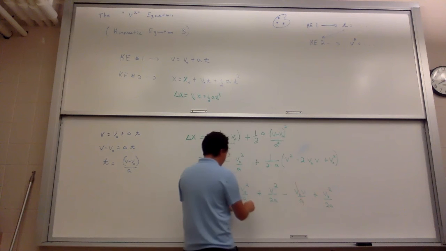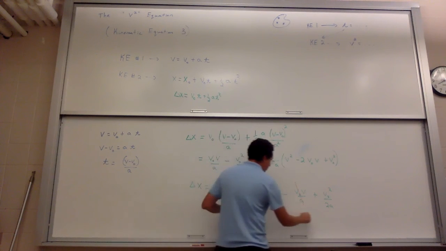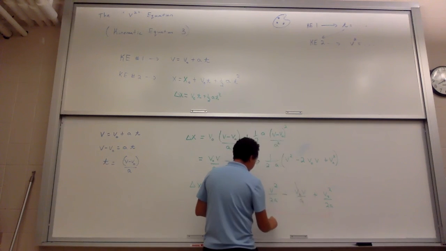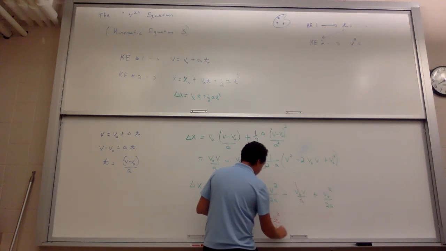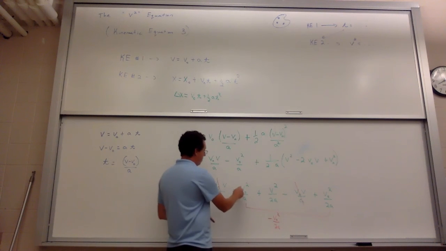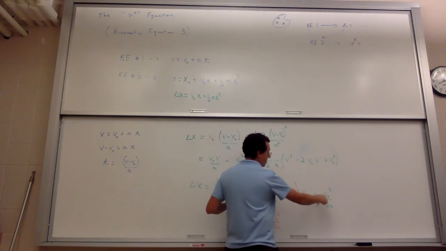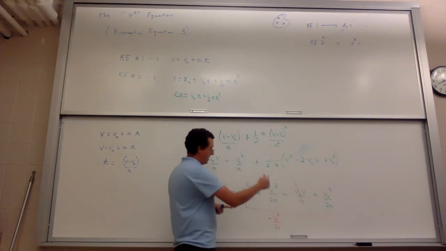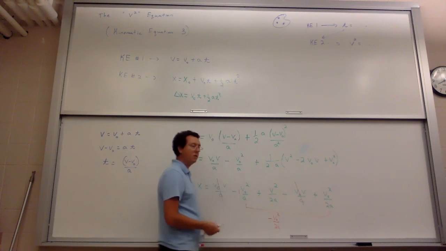So in fact, these two pair up to give negative V initial squared over 2A. It's like there's a minus 1 here, and there's a plus half there. So minus 1 plus a half is negative half. That's how you can think of it.